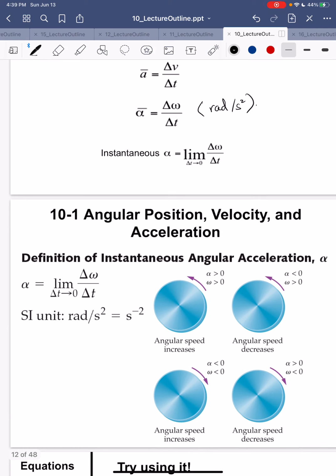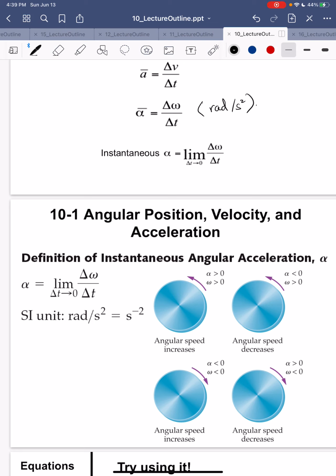Here, I don't know if you still remember the relation we had between the direction of the linear velocity and the linear acceleration. We said when they are in the same direction, the speed is going to increase, and when they are in opposite directions, the speed will decrease. And it's the same here.